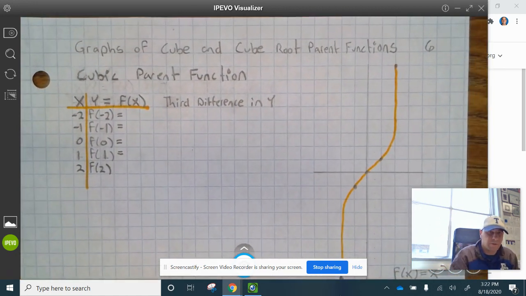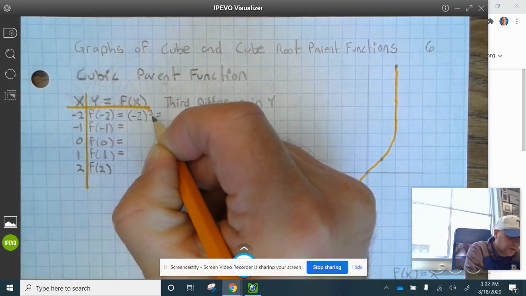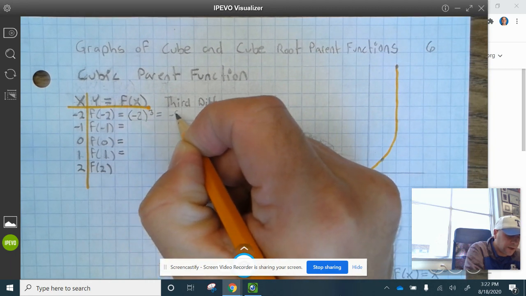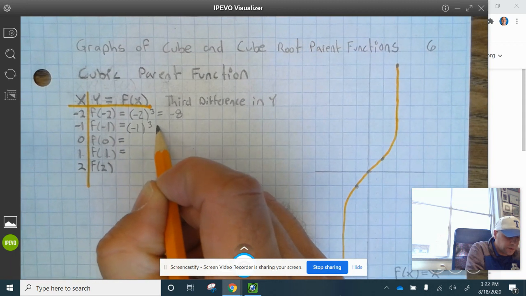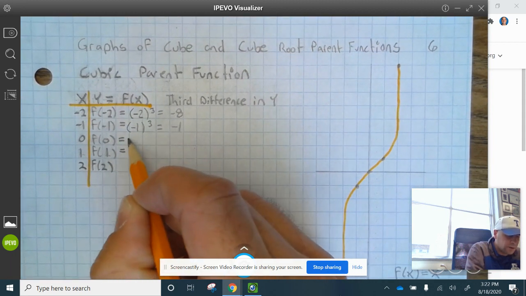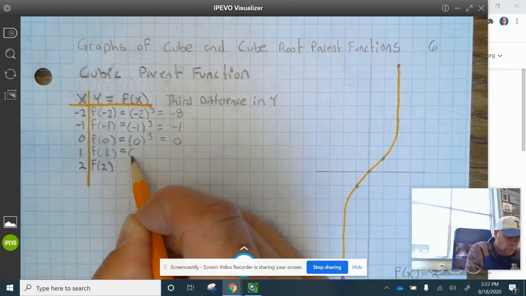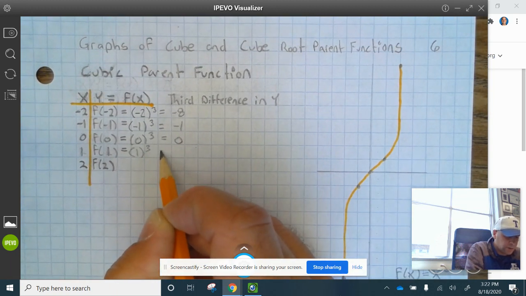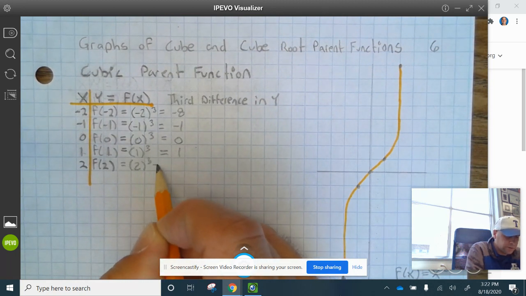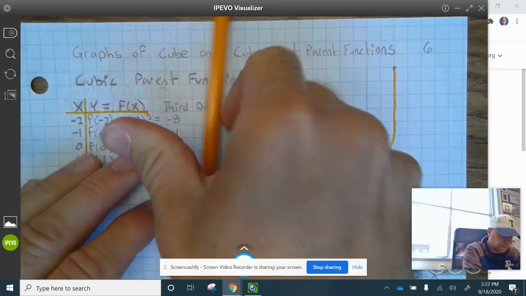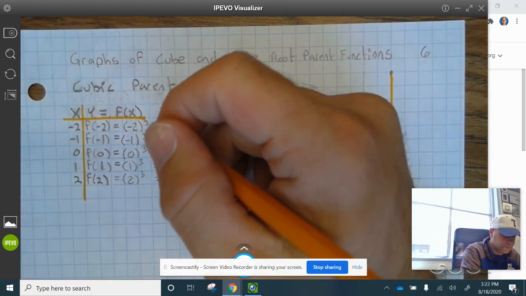So that's -2 cubed, which is -8. -1 cubed is -1. 0 cubed is 0. 1 cubed is 1. And 2 cubed is 8.